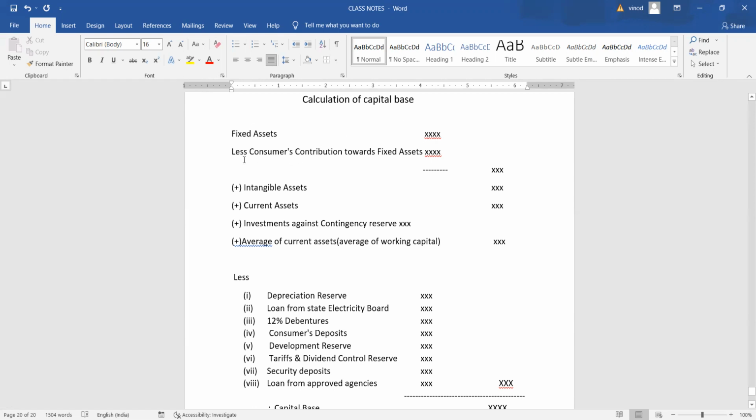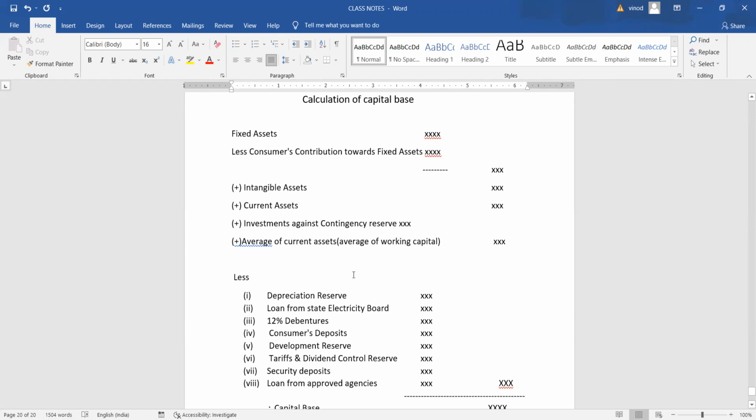Fixed assets. Then we should deduct the consumer's contribution towards fixed assets. After that, some amount will arise. Then intangible assets we should add, current assets, investment against contingent reserves, then average of current assets.